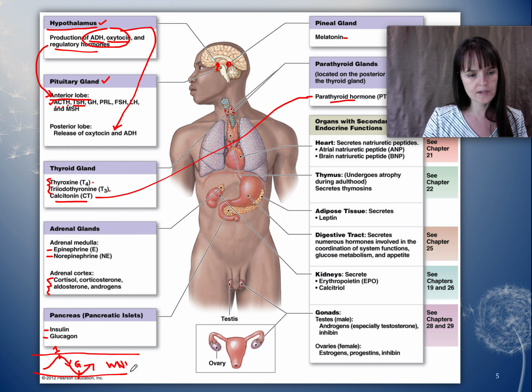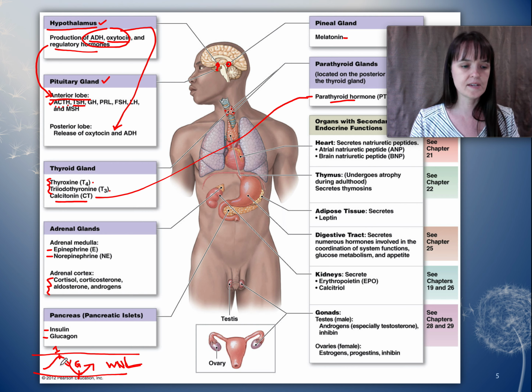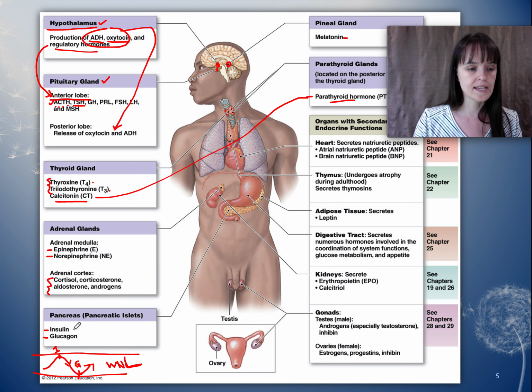WNL, which I don't think we've talked about yet this semester. WNL means within normal limits. So it keeps the hormones within a normal range. The insulin and glucagon work together, negative feedback, to keep your blood sugar in a normal range.